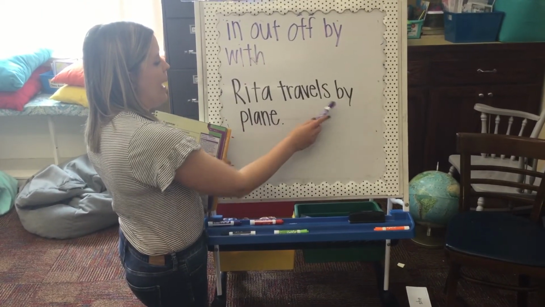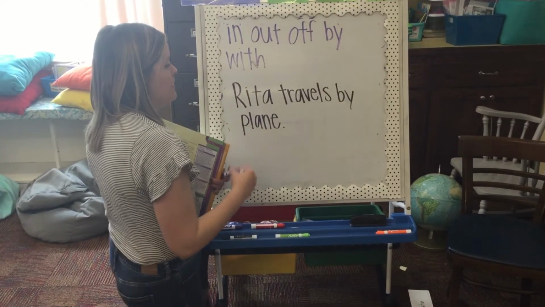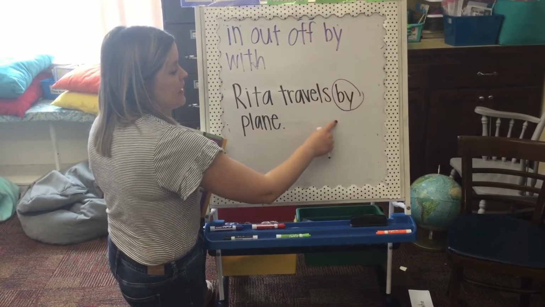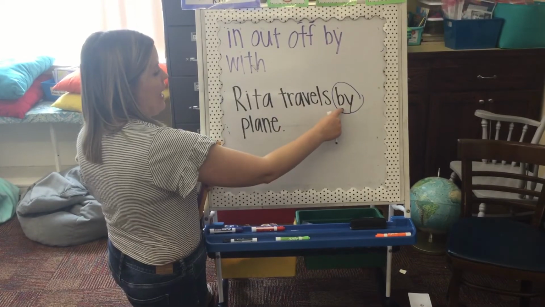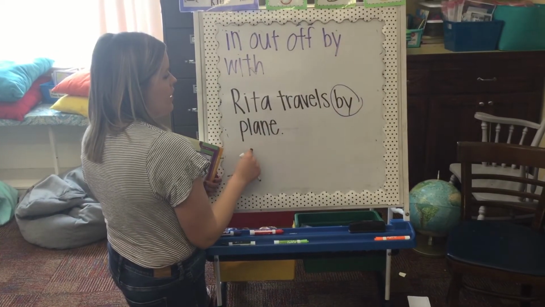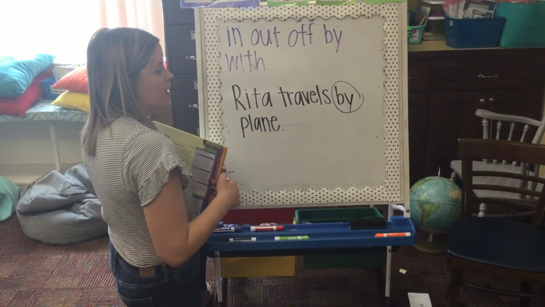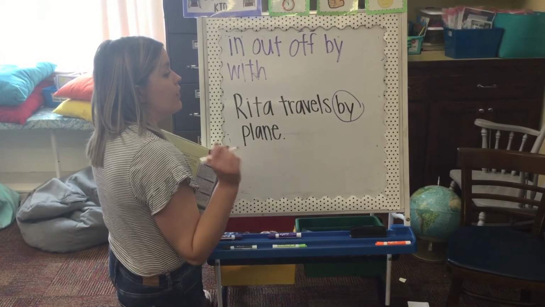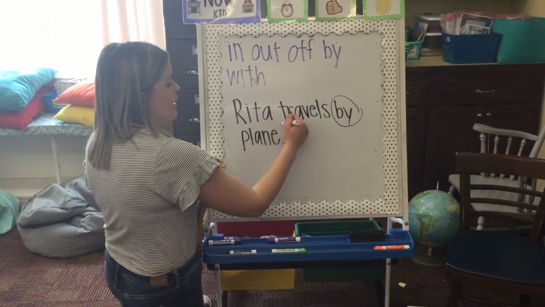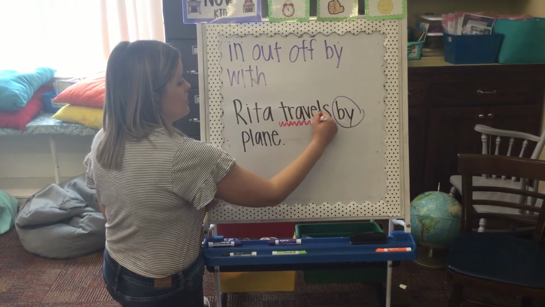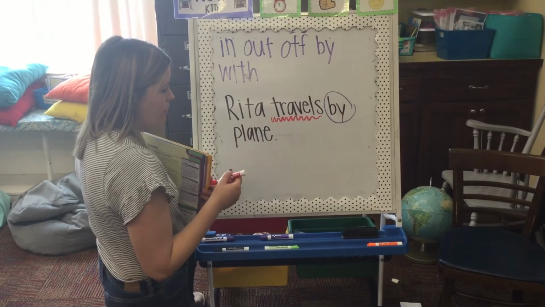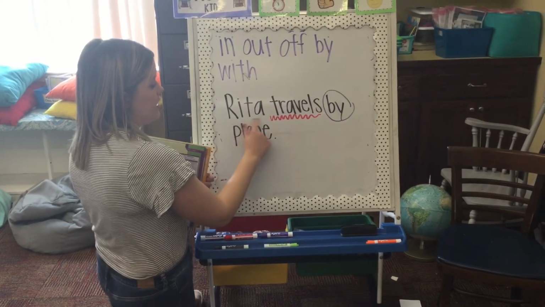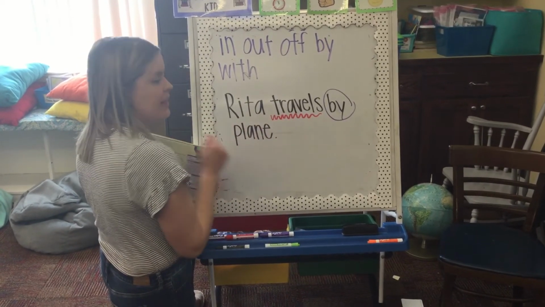She travels by plane. Our preposition is by because it explains how she travels. Remember, we can also look at our verb, our action word. Our verb is travels. Our sentence is about Rita, and she travels by plane.